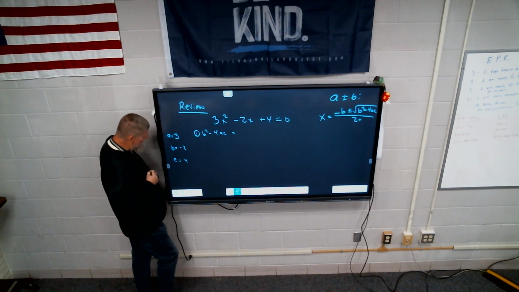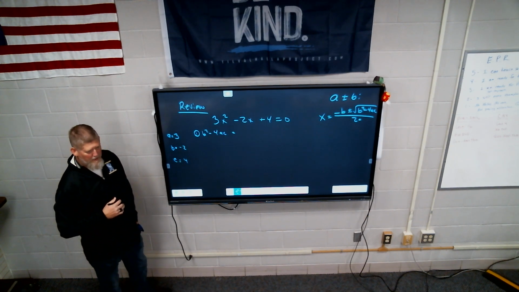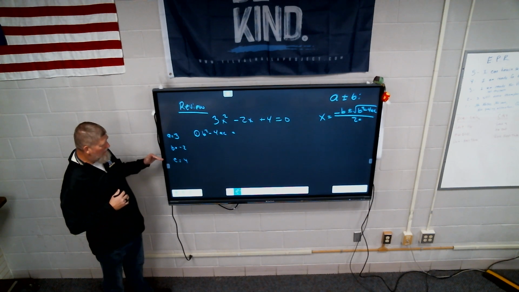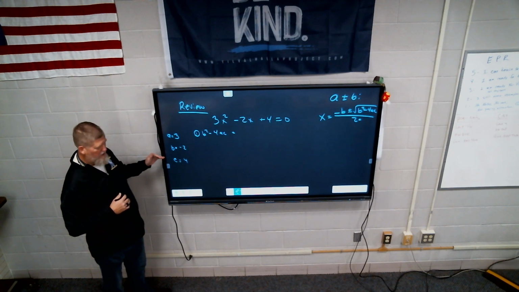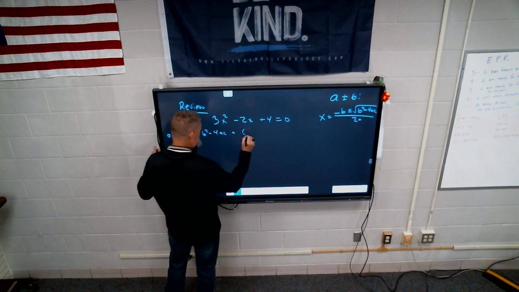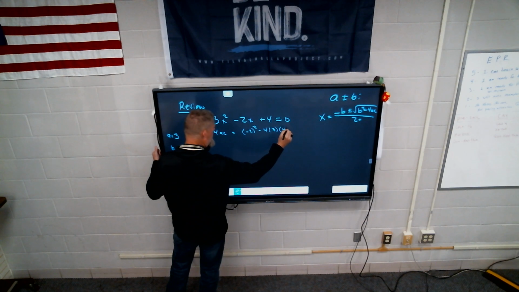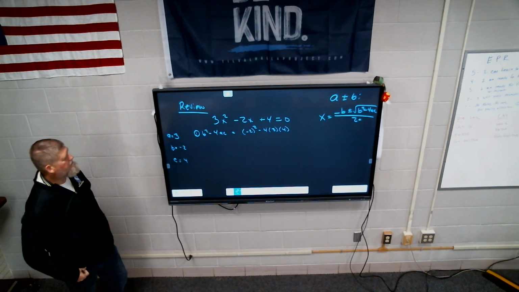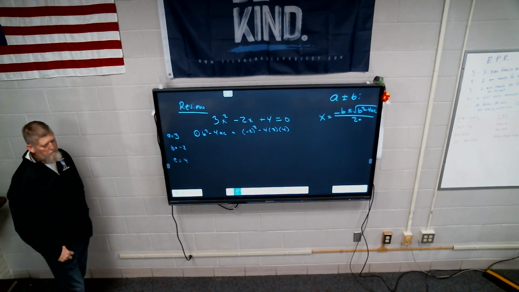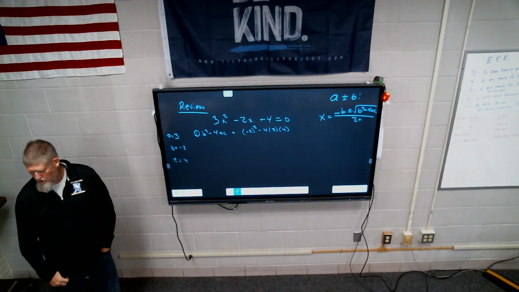Very good. So now we just plug. Once we identify what a, b, and c are, now you just plug and chug. So b squared is negative 2 squared. A is 3. C is 4. So we just plug our numbers in, chug to the answer.